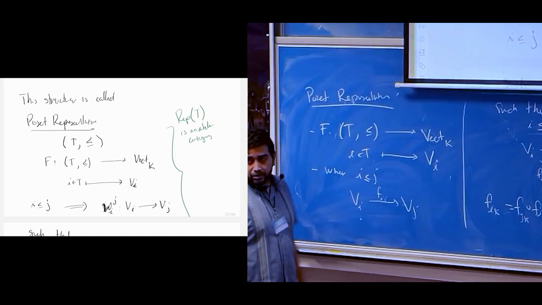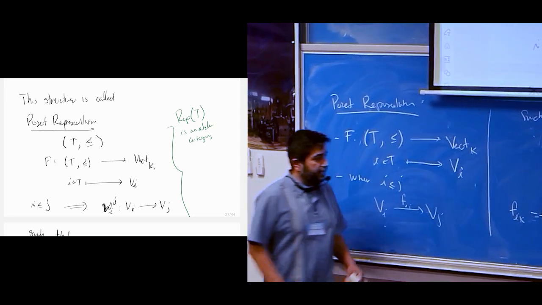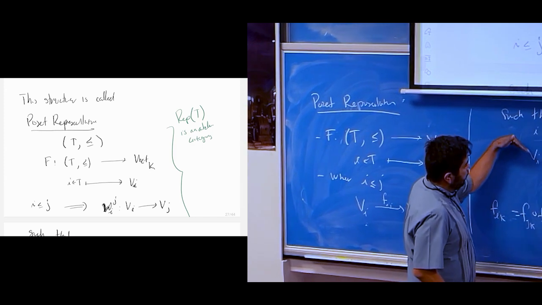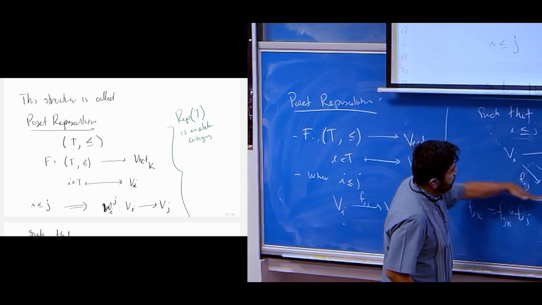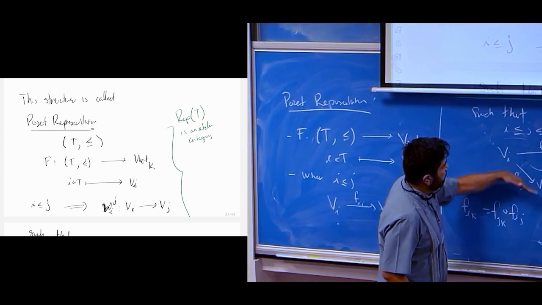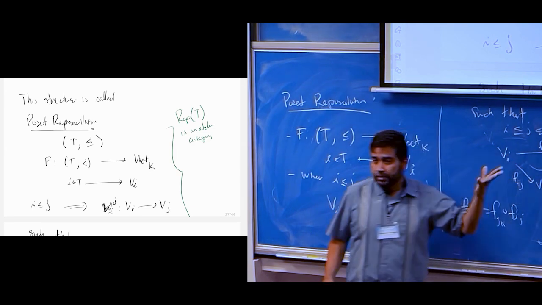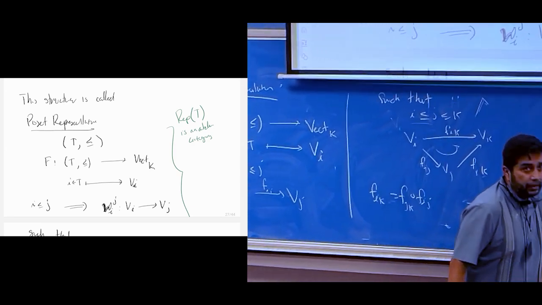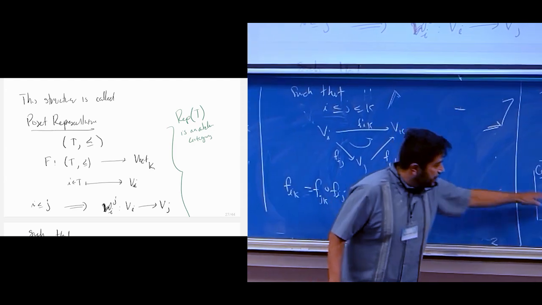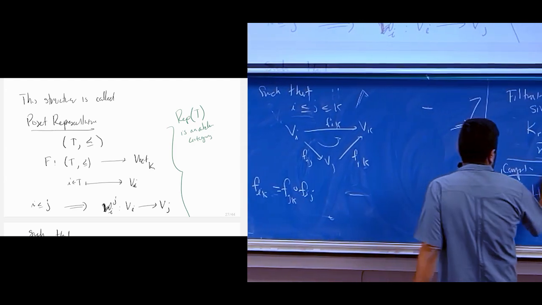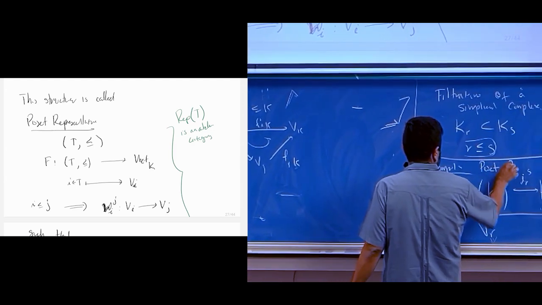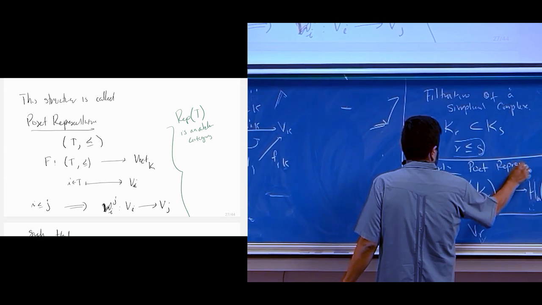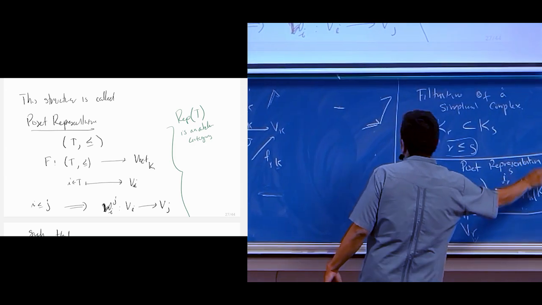So that's the condition we need. Basically, the composition of two functions with one in the middle gives you the other one. It's a very reasonable thing to happen, and it happens here also. So this thing is a poset representation.